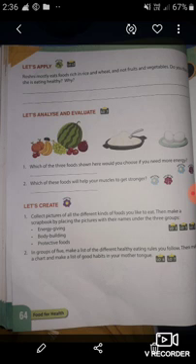Do you think she is eating healthy? Why? So students, you know very well, to stay healthy we have to eat different kinds of food in the right amount.